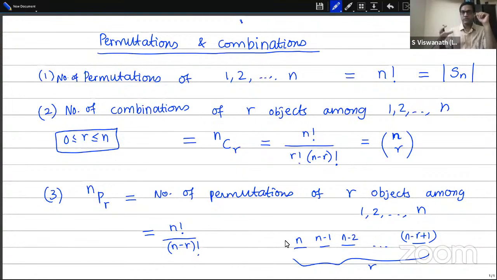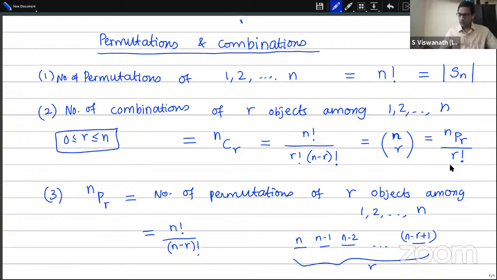I will get the same set of R objects occurring in R factorial different orders. There are that many permutations. So that's the extent of overcounting. You take all possible permutations, but each choice of R objects is being overcounted by a factor of R factorial. So you divide by that overcounting factor. Okay. Yeah. Sounds good.